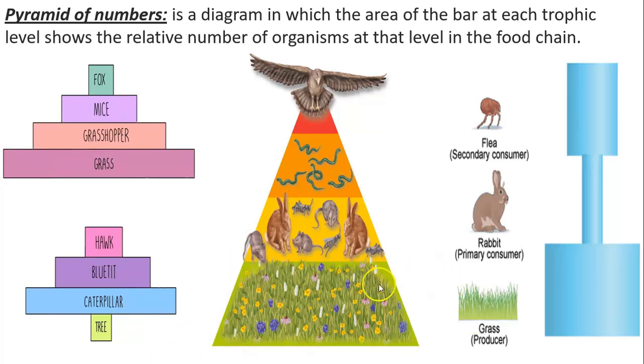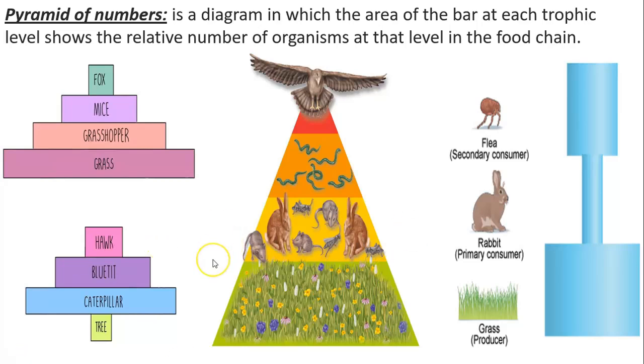Here, the producers are grass. So they are occupying the bottom level of the pyramid of number. And the next trophic level must have the herbivores, and the third and the fourth will have the secondary consumer and the final consumer.